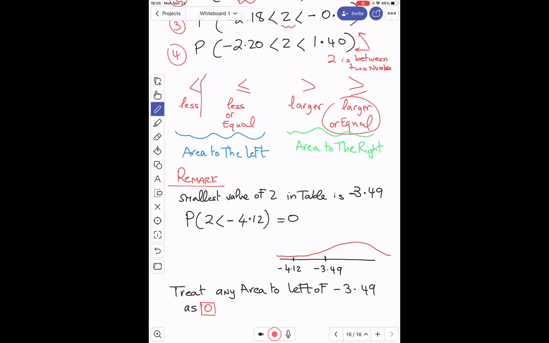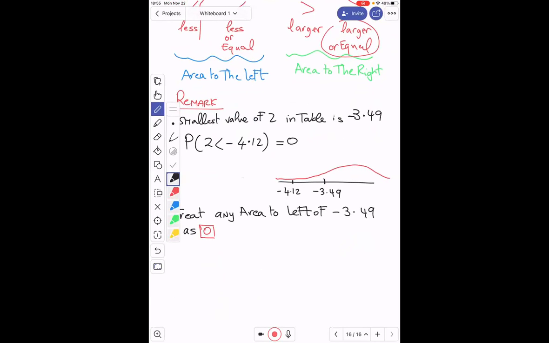And yeah, this is the smallest number. Now the largest number is a positive 3.49, right? In the table, the smallest one is negative 3.49, and the largest one is actually positive 3.49.